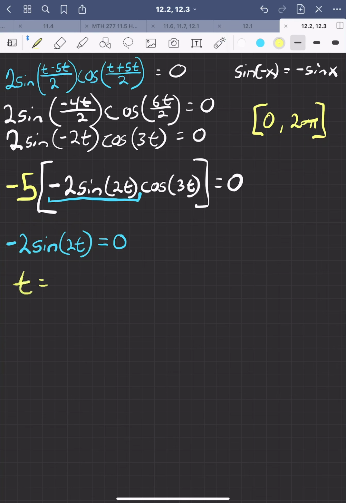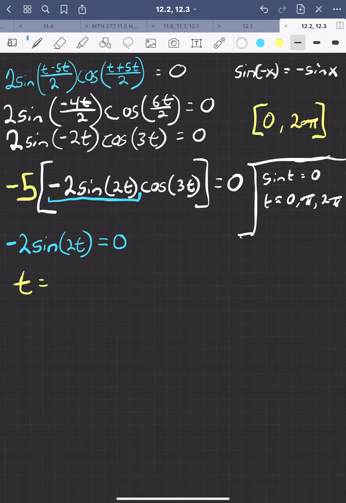I said I wasn't going to teach you trigonometry, but I don't think I have my answer key anywhere near me, so I've got to make sure I'm not making any silly mistakes. So sine of t, regular sine of t, equals 0 when t is equal to 0, pi, and 2 pi. Now I don't have t, I have 2t.